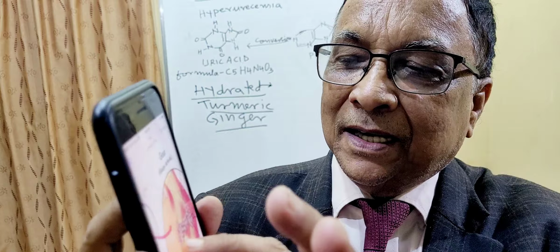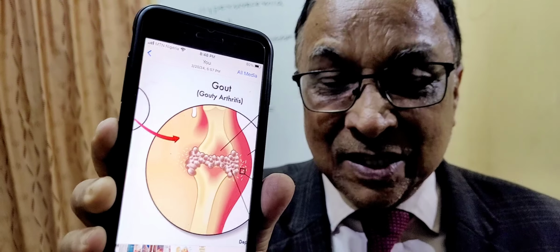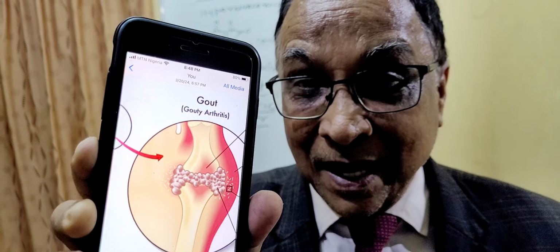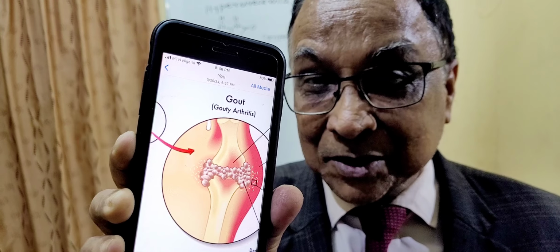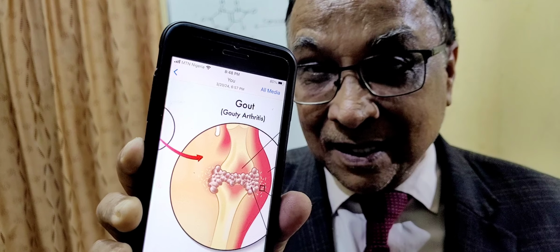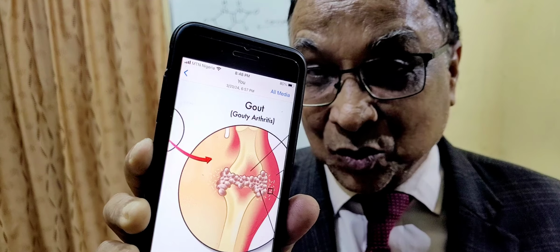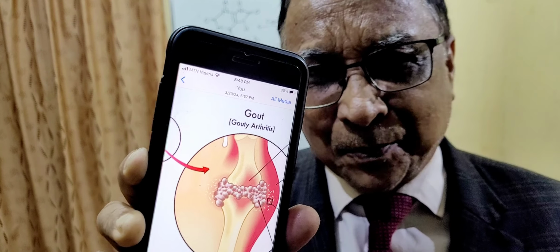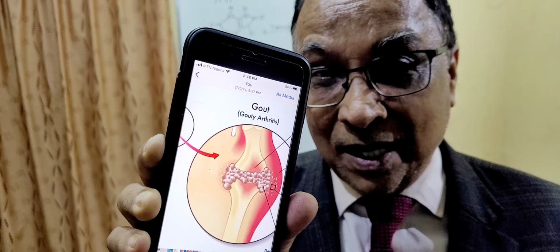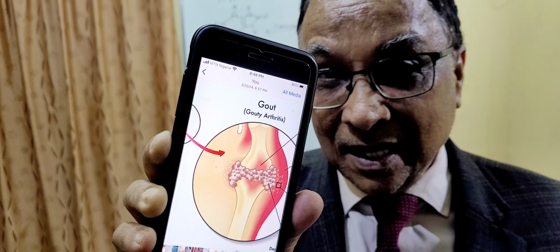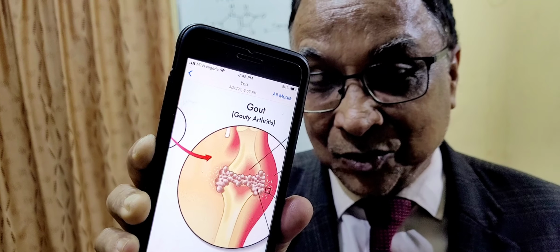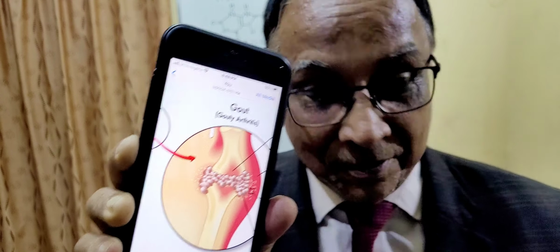And I can show you here the formation of crystals, and these crystals you can see very clearly, and because of that crystal there is red swelling, and red swelling means there is a lot of blood supply, and that is causing the crystallization of uric acid inside your joint area, sharp and unbearable pain, a very peculiar type of pain. It is only and only due to the high percentage of uric acid, and that high percentage of uric acid is in crystalline form.